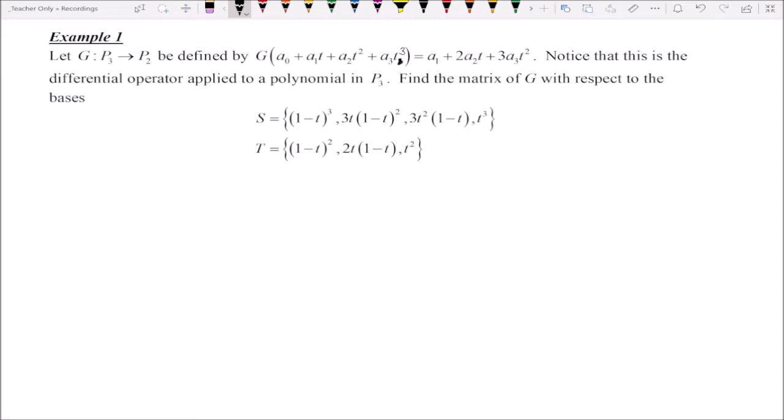And we're going to find this matrix with respect to the two bases S and T.